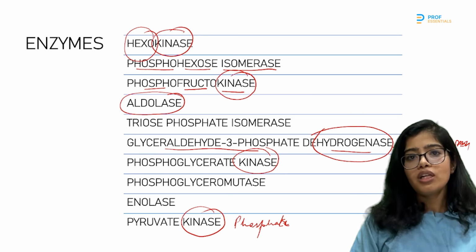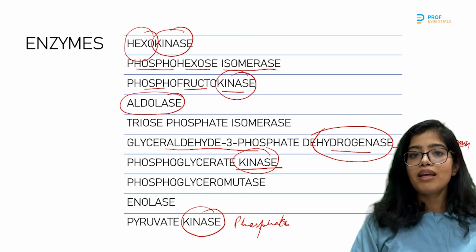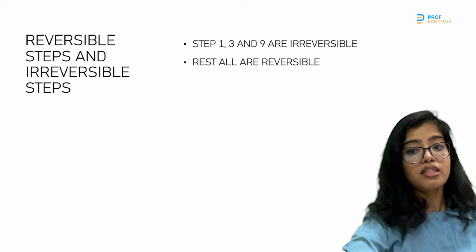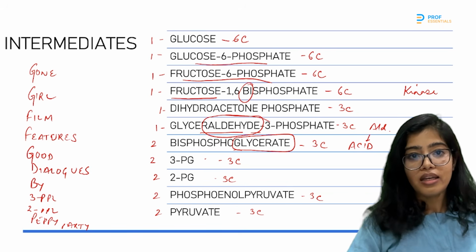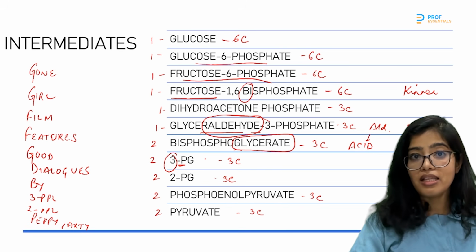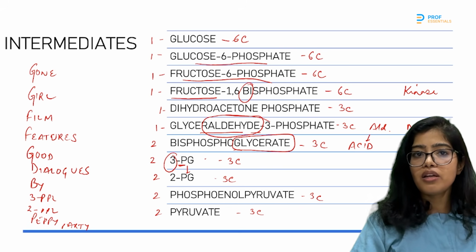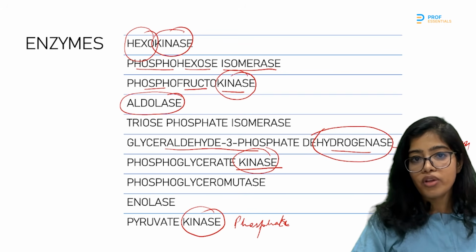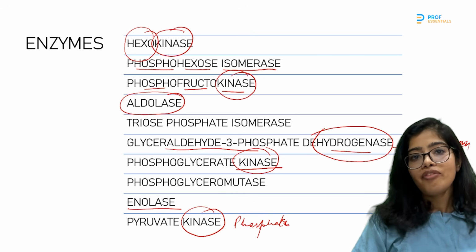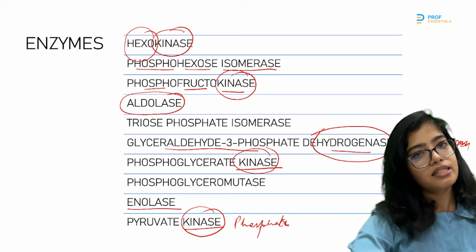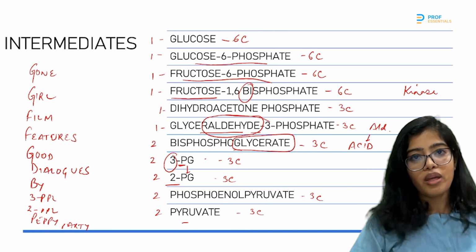Then that bisphosphoglycerate will be acted upon by this kinase to produce 3-phosphoglycerate, right? At the third position, phosphate has been added by kinase. This by mutase will convert to 2-phosphoglycerate. Then enol will be added, so therefore enolase will act. And after that, again phosphate will be added, so pyruvate kinase will produce pyruvate.